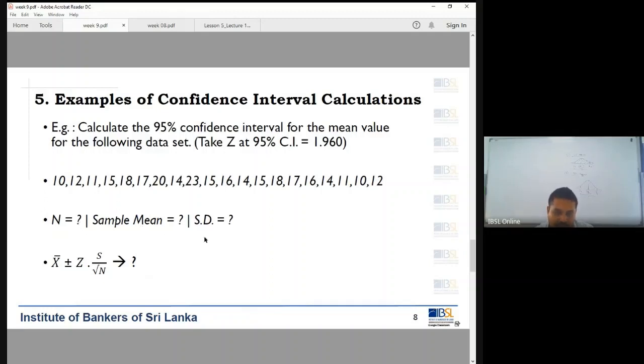Sample mean should be approximately 14.9. Standard deviation, you will get a value of approximately 3.4. Okay. Use those values, and at 95% confidence interval, you have to calculate the margin of error and express your answer.